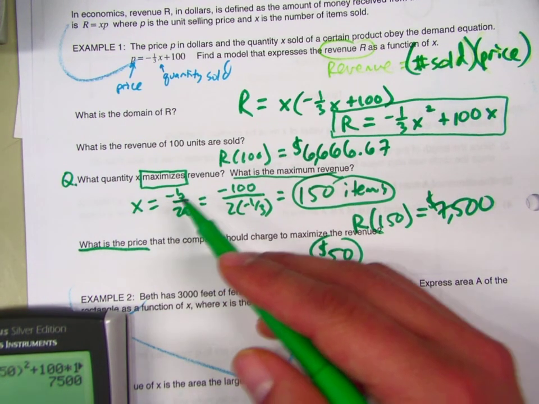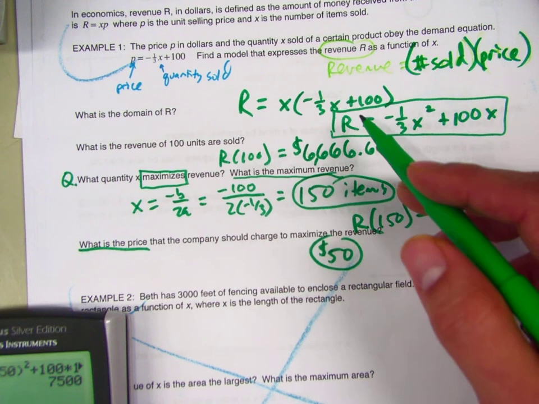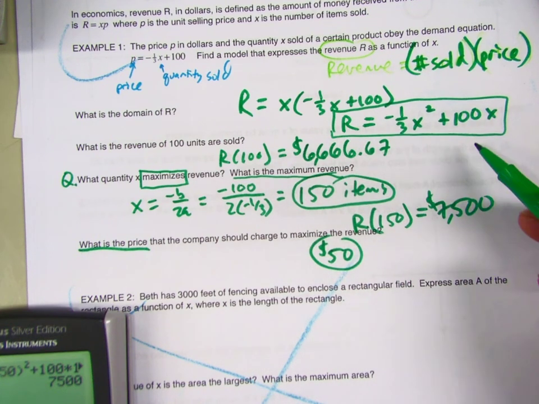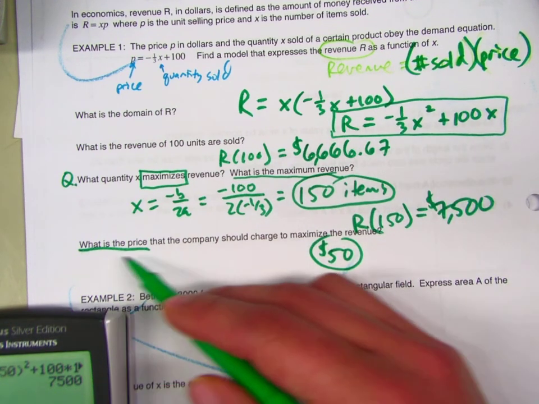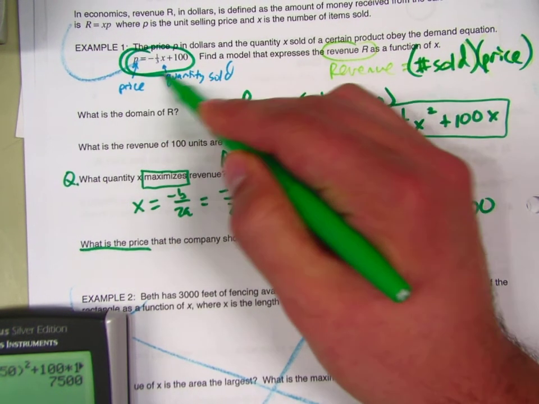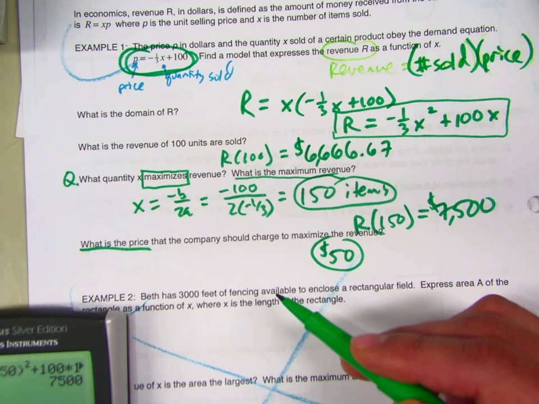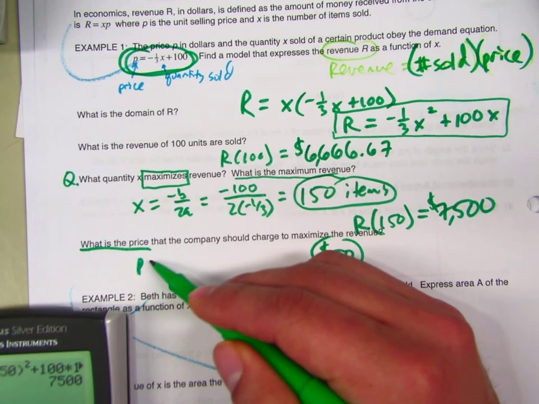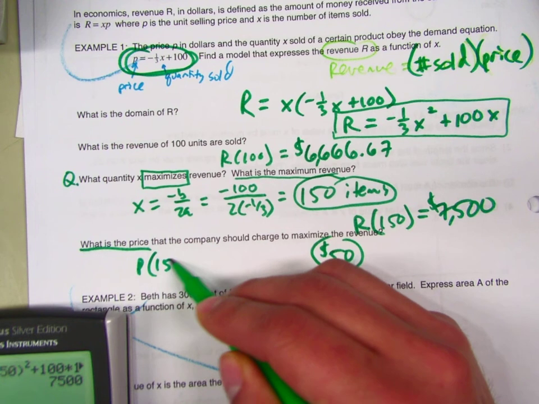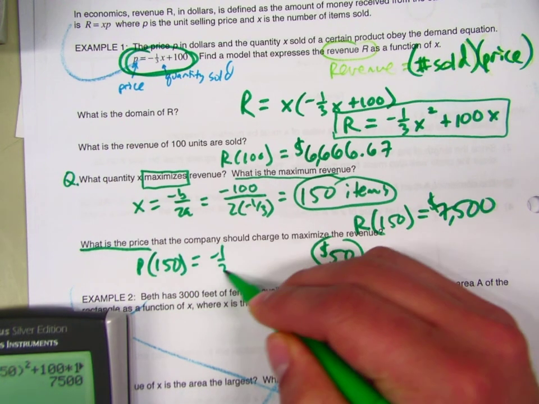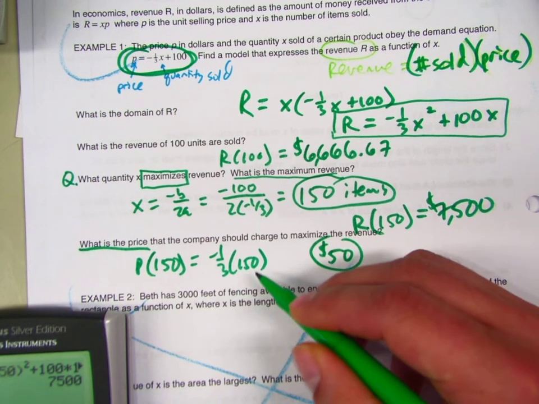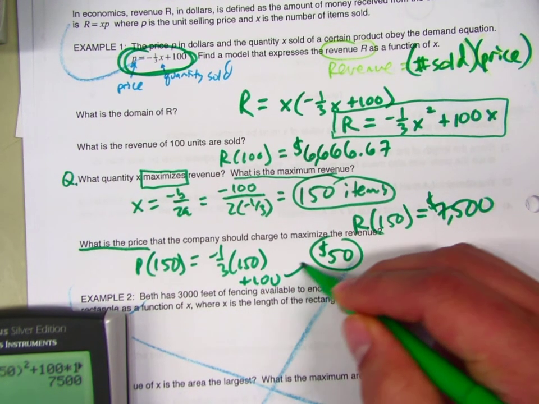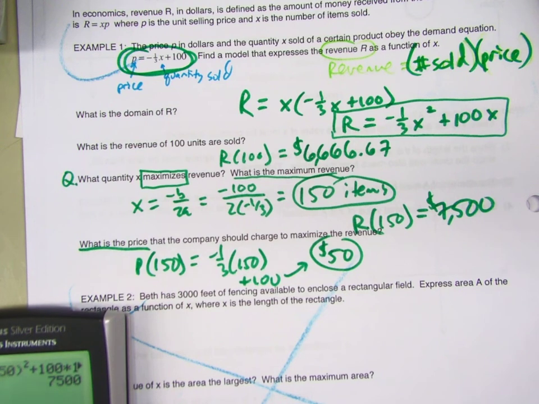They asked me for revenue, so I plugged it into a revenue equation, right? If they want a price, there's a price equation right at the beginning that you could use. So you could just substitute price at 150 is negative 1/3 times 150 plus 100, and that also gives you the $50. Does everybody understand that?